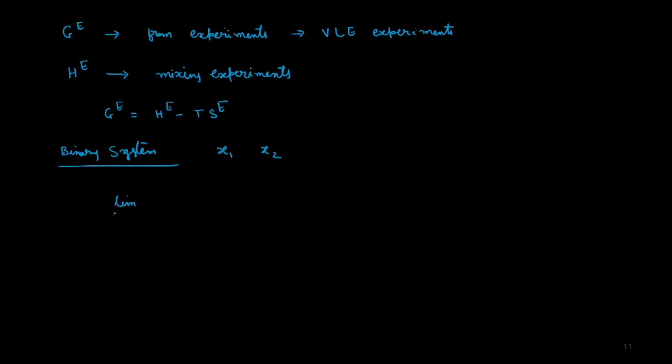At the limit of x1 going to 1, any thermodynamic property M, if you recall, is going to approach the pure component property M1. At this limit, M in an ideal solution also will approach M1, which implies at the pure component limit, the excess property will go to 0.